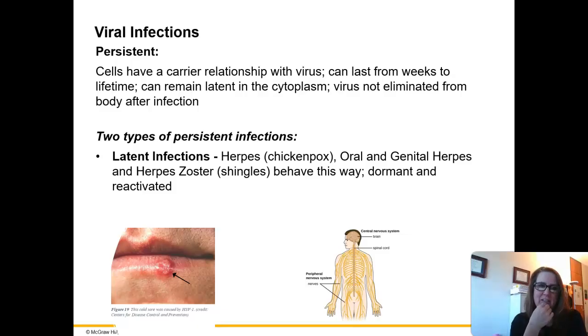So when we think about latent infections, we're thinking about them being reactivated. If you have herpes of the lips, herpes of the genitals, then you know that that's the same way. It can come and go. So you can feel a little tingling and go, oh gosh, like about to have a cold sore develop. And essentially that virus is just coming and going or staying dormant or latent and then becoming active.